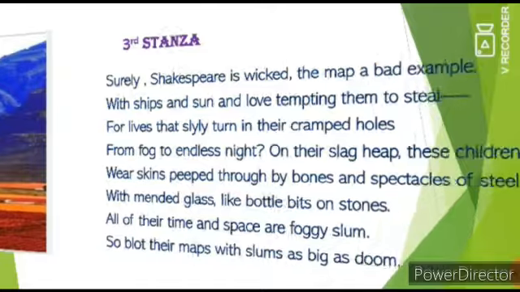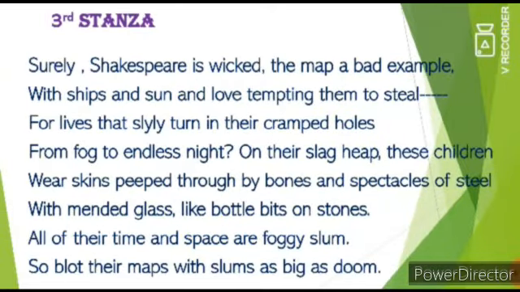Now let's move to the third stanza. Surely Shakespeare is wicked. The map a bad example, with ships and sun and love tempting them to steal, for lives that slyly turn in their cramped holes, from fog to endless night.